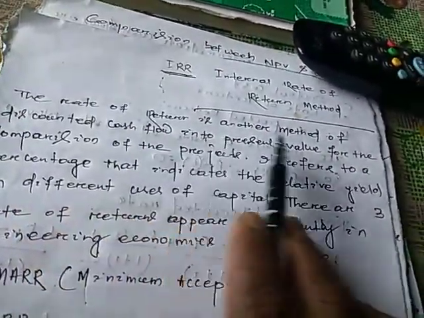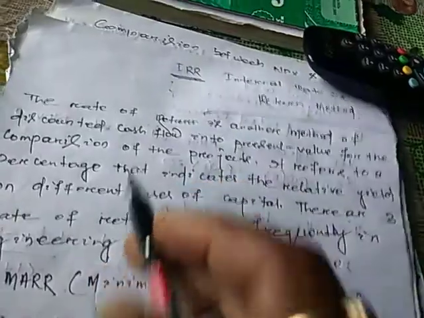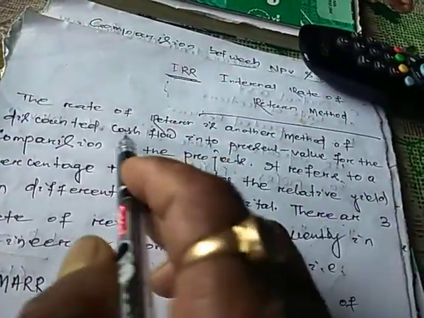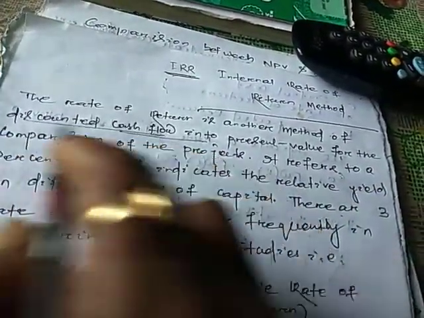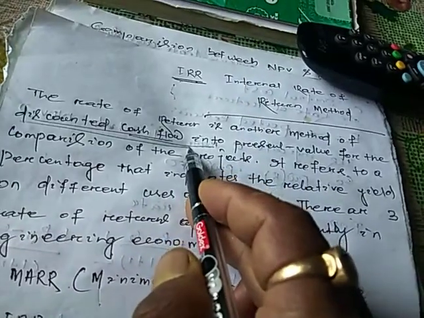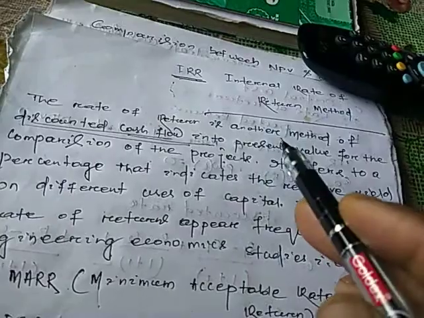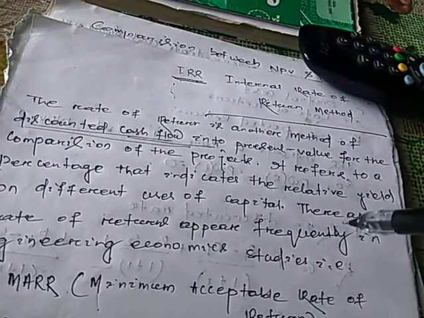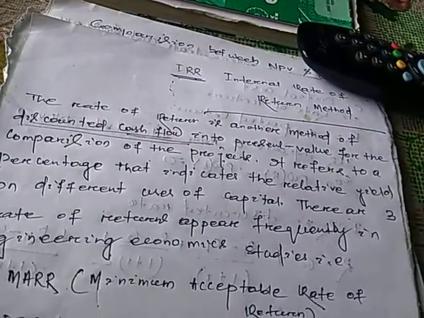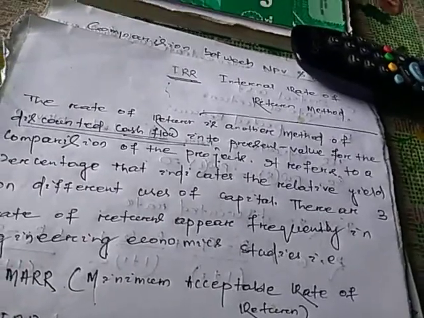The rate of return is another method of discounted cash flow into present value for the comparison of the projects. When both projects are there, you have to compare present value, and discounted cash flow means you have to consider the discount amount.